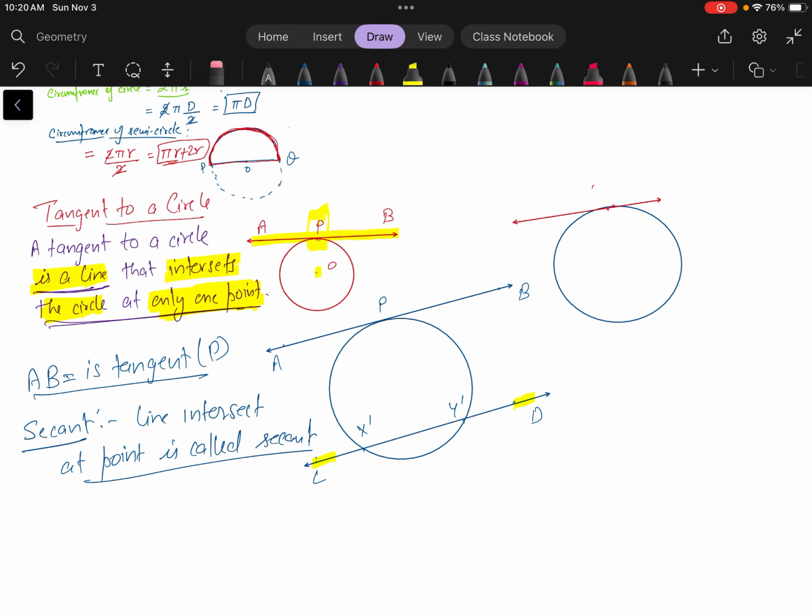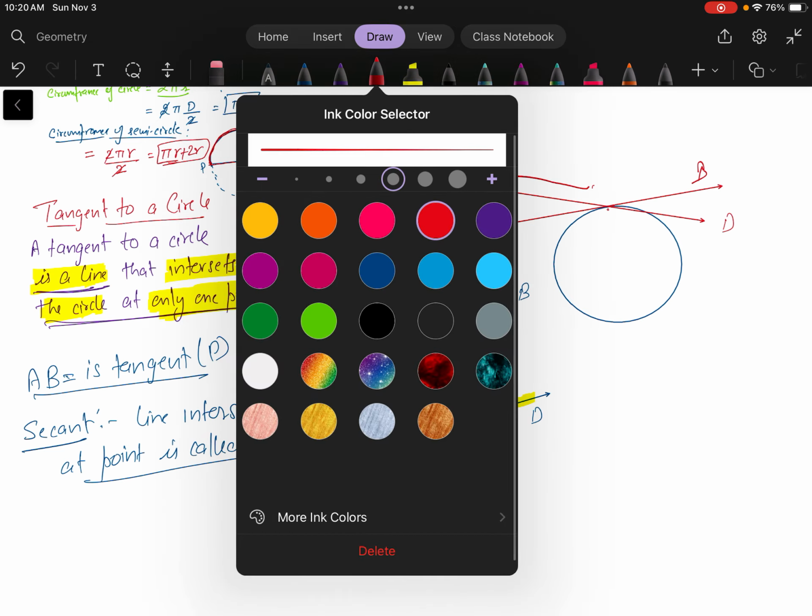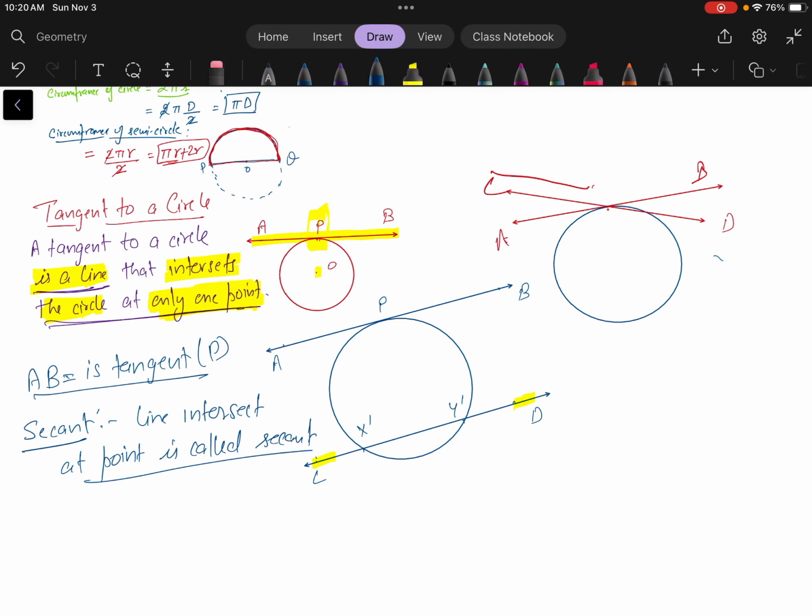If I try to draw another line from this point, it will intersect the circle at 2 points. So only this AB will be the tangent. This CD is not a tangent. This is the secant line because it intersects the circle at 2 points.